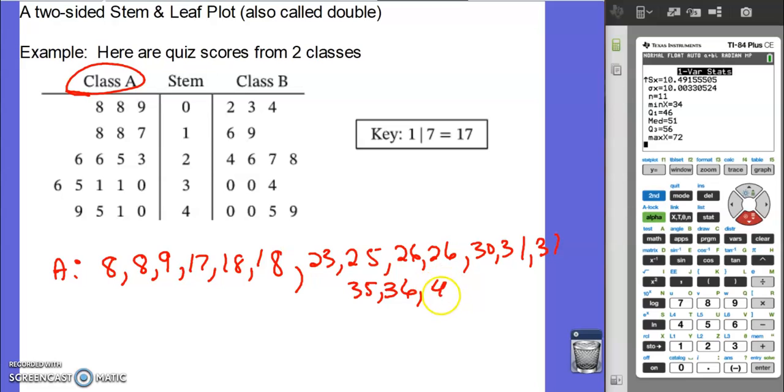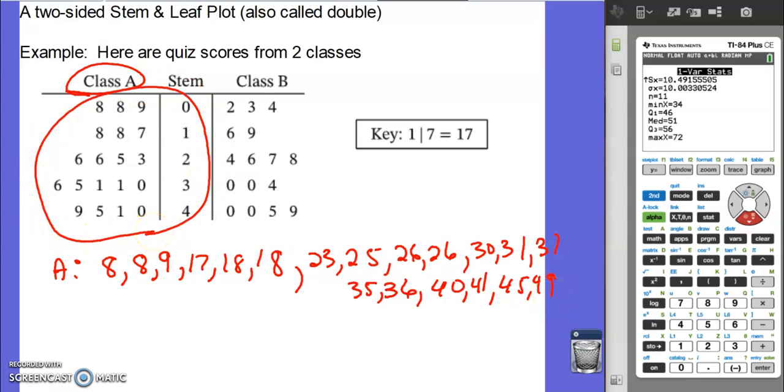And then you have 40, 41, 45, and 49. And again, that's just this side right here. You read each one of those digits that way. And then you would do the same thing with class B. And then 0, 2, 3, 4, 16, 19, etc. Listing all those numbers as well.